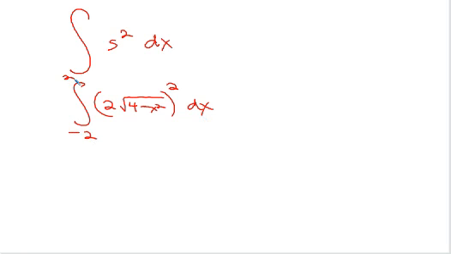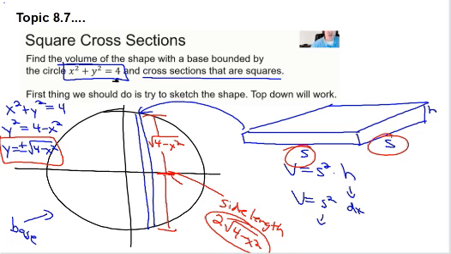And so from this point on, it's normal. But it's the setup that I wanted you to see. Again, remember that we're basically just doing side times a side times the height, but we're calling the height dx.